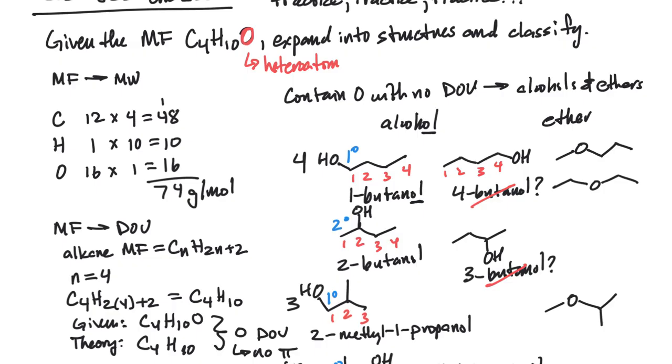So if we dig a little bit deeper and we want to practice, we can go through that exercise of uniqueness. In green, what we'll do is figure out the number of unique carbons for each compound here. So looking at 1-butanol, we're going to run along the carbon backbone.